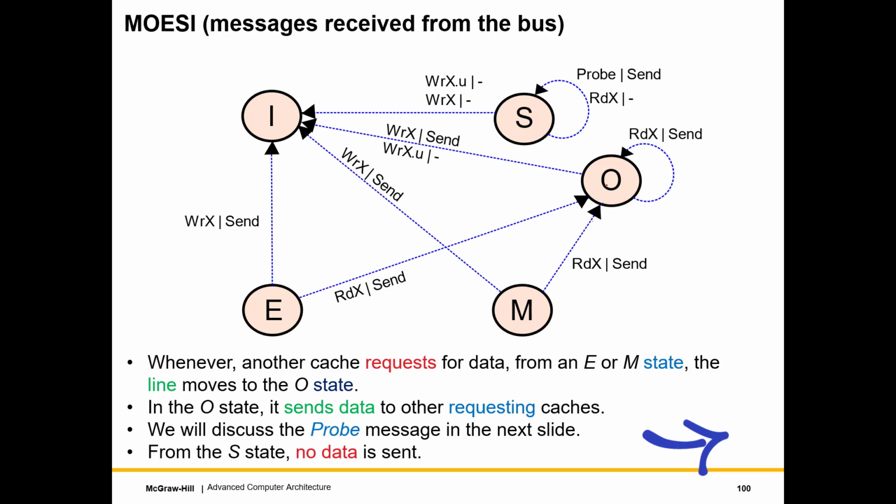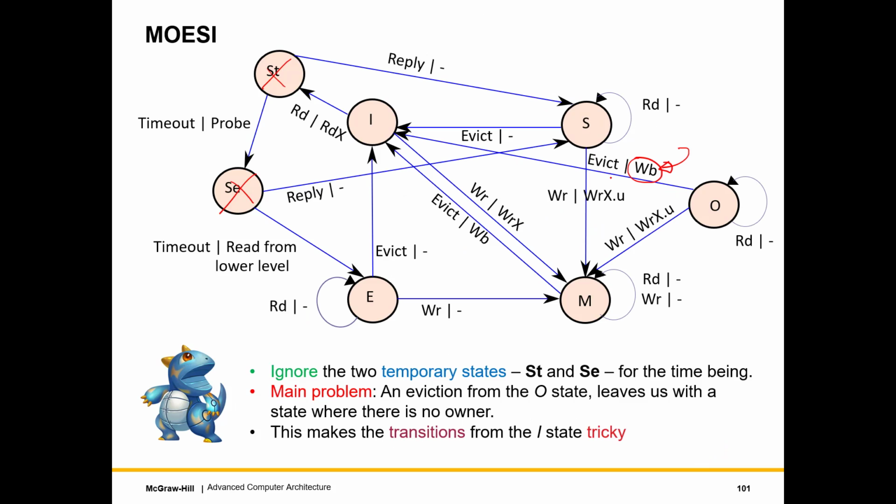The O state possibly contains a modified copy which is not reflected in the lower level, so whenever there is an eviction from the O state, there is a need to write back. Of course, we can have smart versions of the protocol which, once a block reaches the O state, lazily or opportunistically write it back to the lower level whenever the lower level is free.